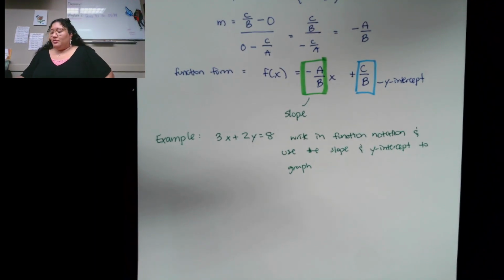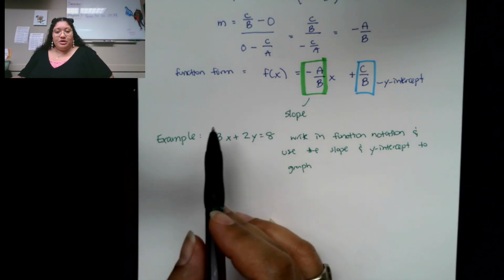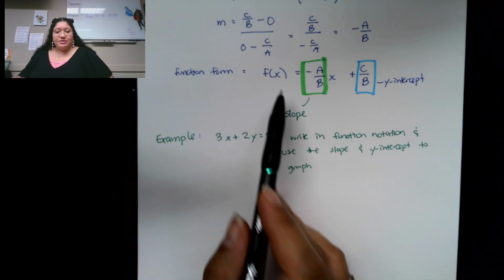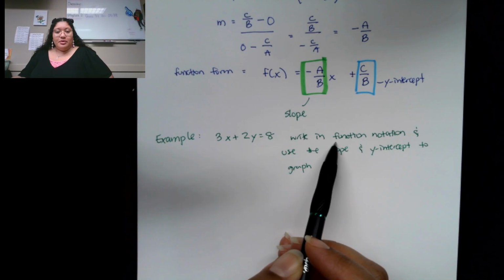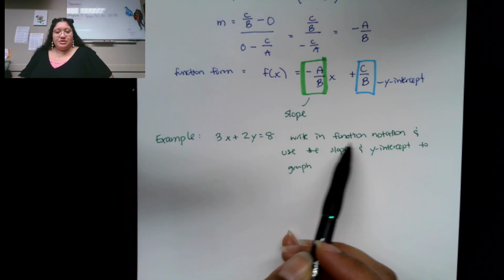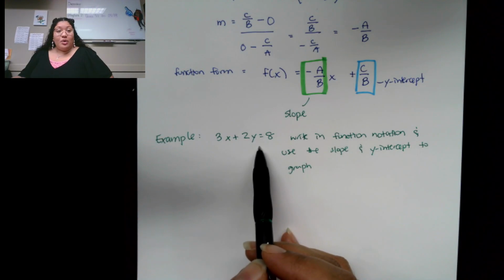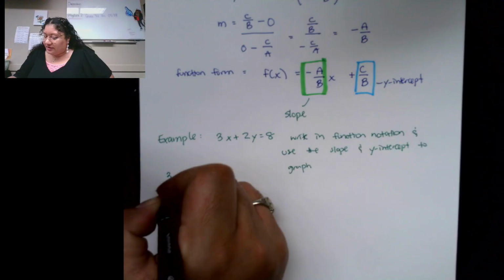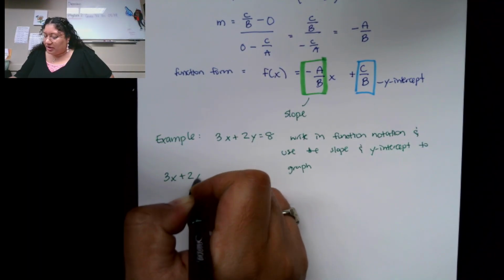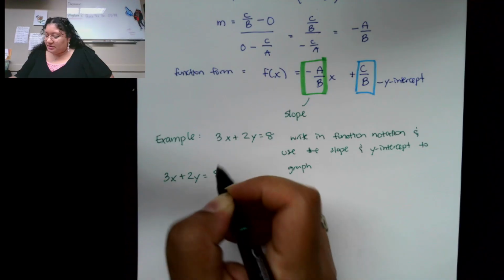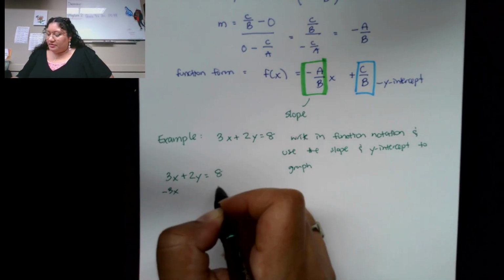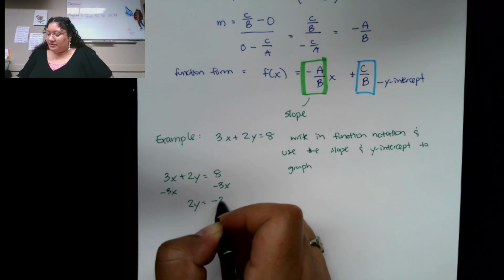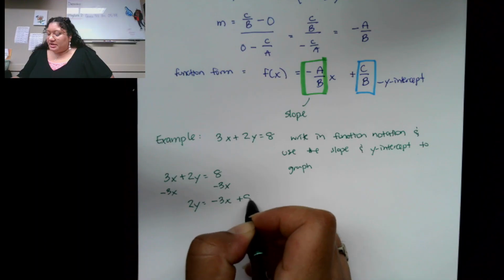Okay, first and foremost, I want to move things around so I can get it as my function form, because that's what we're asked for, to write in function notation. That means I want to get y by itself. So I'm going to write this here. 3x plus 2y equals 8. Minus 3x, minus 3x. 2y equals negative 3x plus 8.